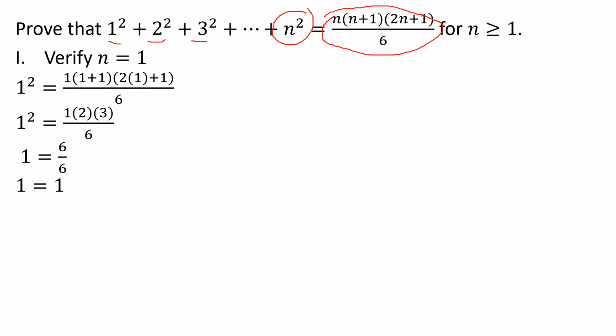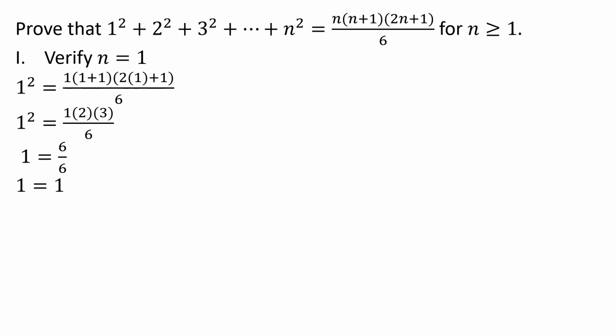So, first step is you need to verify this for n equals 1. Okay, so you just substitute 1 to our n variable. So, tanan di nga n makitaan. Tapos sa ating formula, you just substitute it by 1. So, we have now 1 squared equals 1 times the quantity 1 plus 1 times the quantity 2 times 1 plus 1.